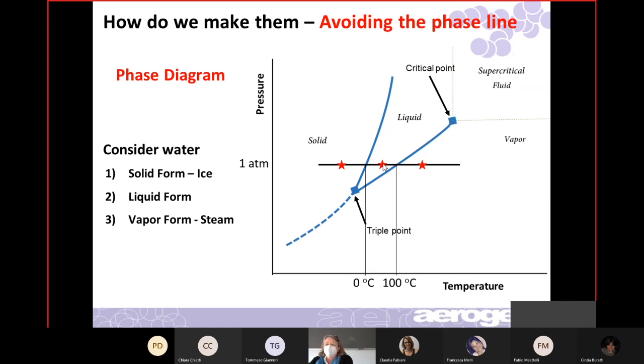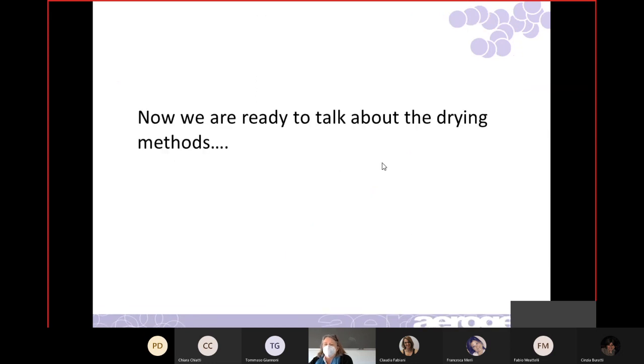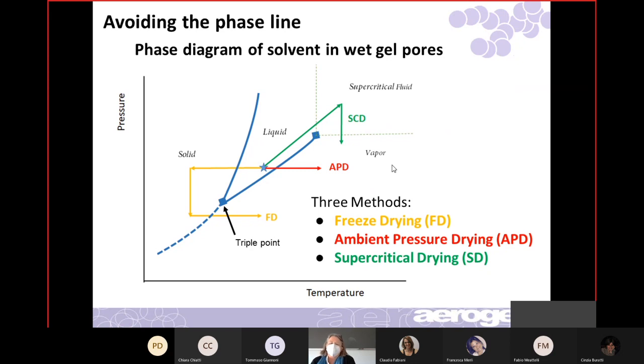And so now we can talk about drying. And here's that phase diagram again. So I'm looking at a phase diagram of the solvent that's in the wet gel pores, whatever that is, right? And the ones that Mary talked about, and I'm going to talk about TMOS because those are the ones we always make. What's in there is methanol, water, and probably some unreacted TMOS, right?